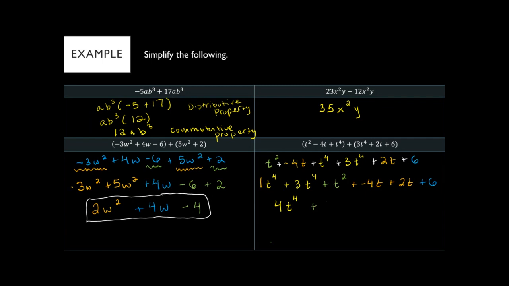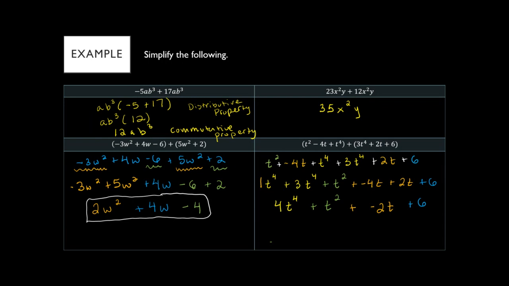And then I've got my t squared that doesn't have anything to combine it with. Then I've got a negative 4t plus 2t. So negative 4 plus 2 is negative 2. So that's going to be a negative 2t. And then I have plus 6.